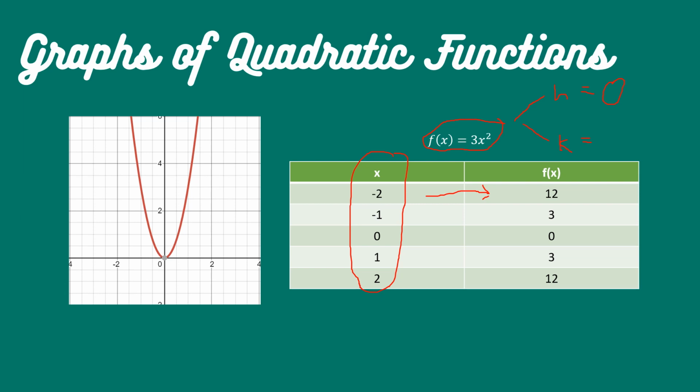And then for k, we have 4ac minus b squared all over 4a, which would also give us 0. Therefore, our vertex is 0, 0. Ayan siya. And since a is positive, our graph would be opening upwards.